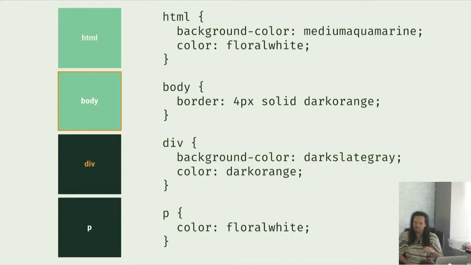That doesn't cascade. So some styles don't cascade, for example, the border. Everything inside the body will not have a border; the body will have a border, but not each element inside it. I guess that's not a cascading effect, right?